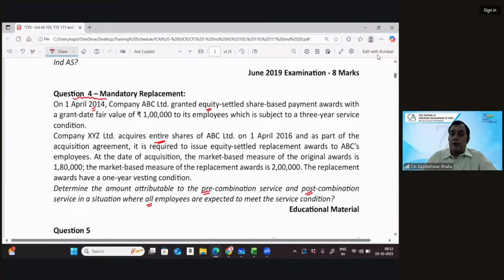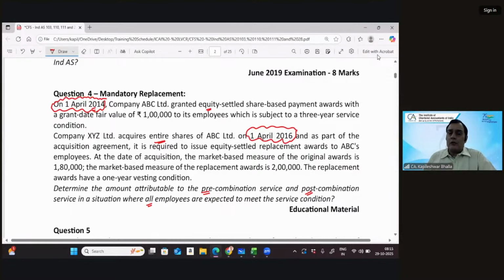So the ESOPs were issued on April 14, and the business combination occurred on April 16, which means 2 years have already elapsed. So out of 3 years of service, 2 years of vesting period is already completed.